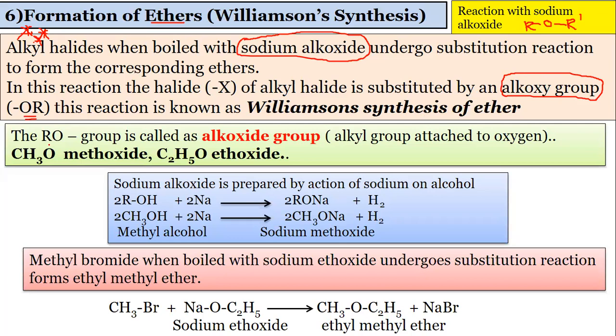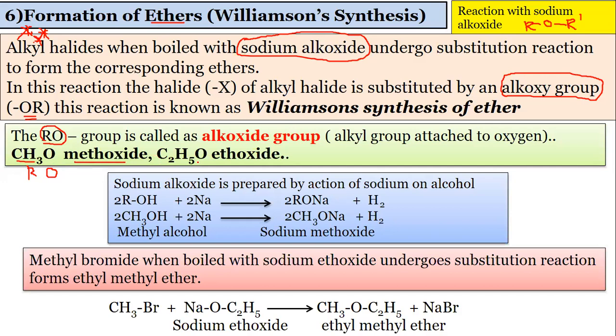Now, this RO group is called the alkoxy group. Any R group, when it is attached to oxygen, is called an alkoxy group. Suppose this is the CH3 group and this is O. This is called methoxide because the methyl group is attached here.